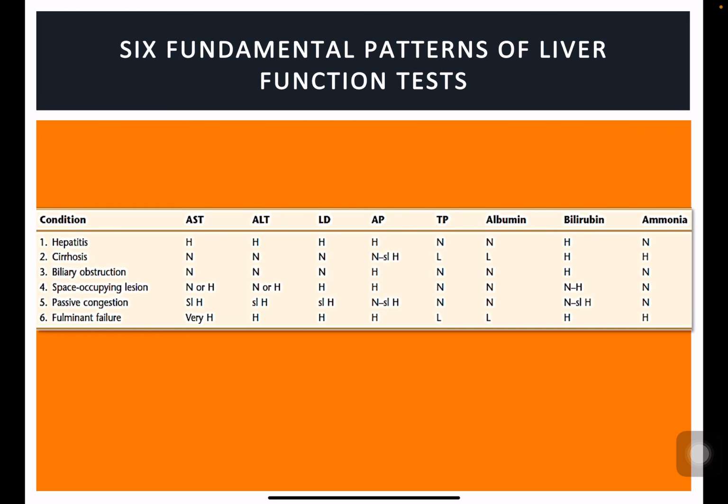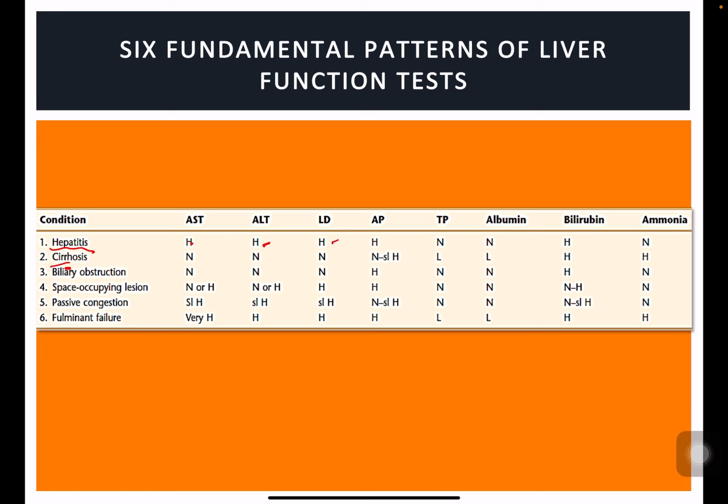So this table summarizes all the conditions that I have discussed and the patterns of the liver function test. So again, in hepatitis, what is increased are mostly your cytosolic enzymes, namely your AST, ALT, and lactate dehydrogenase.